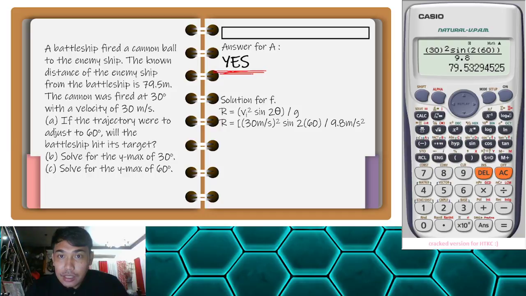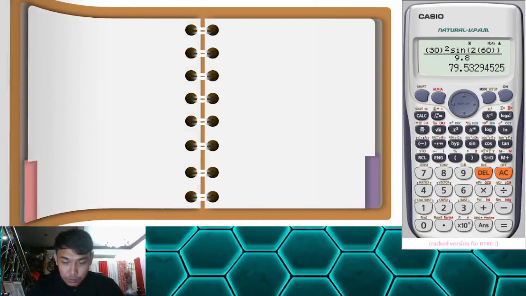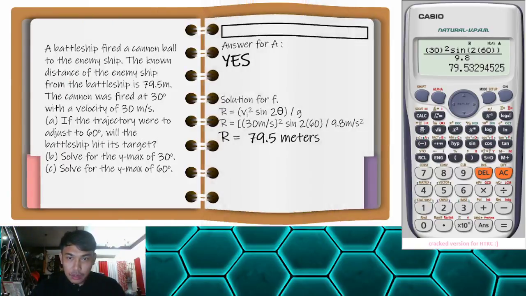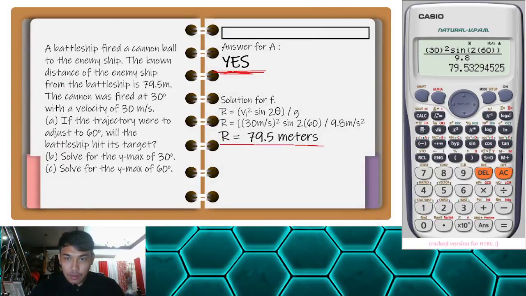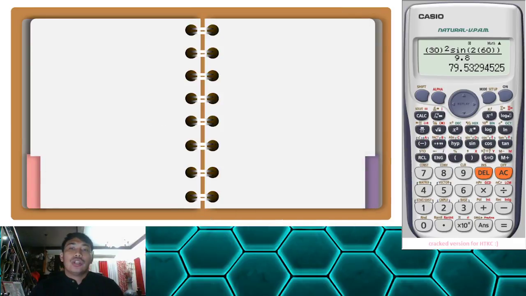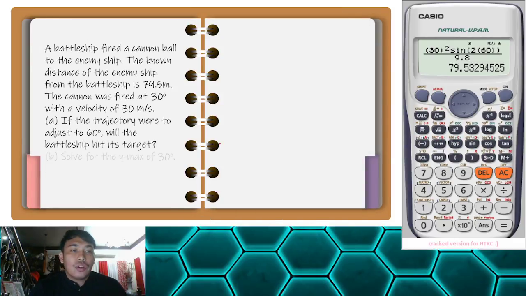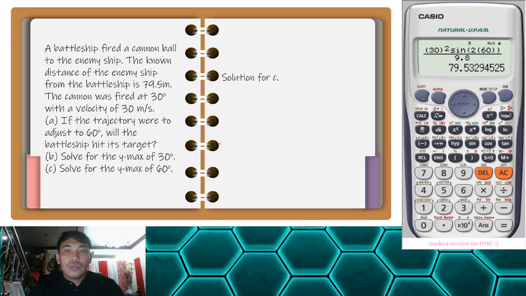That's why the answer is yes, because the distance reached the target, which is 79.5 meters. So there you go, the answer is 79.5 meters.